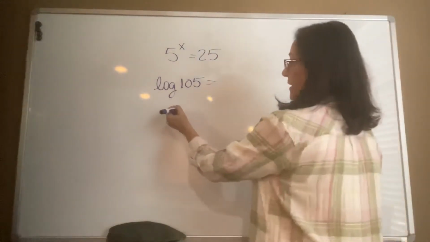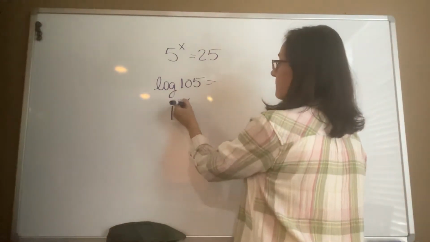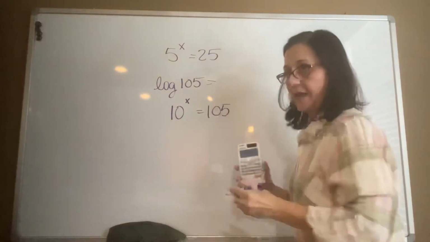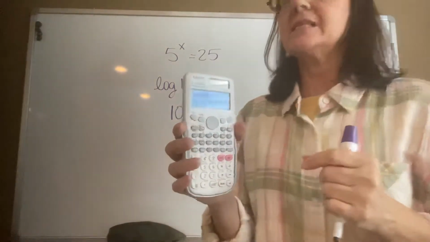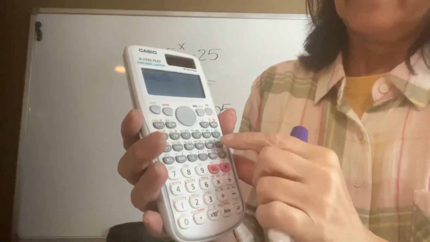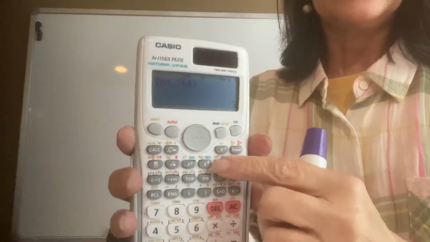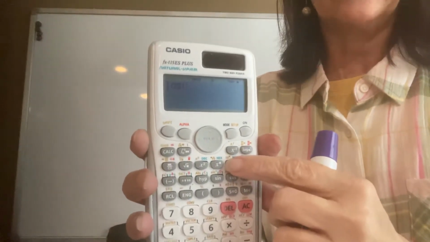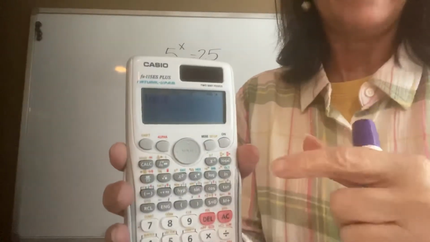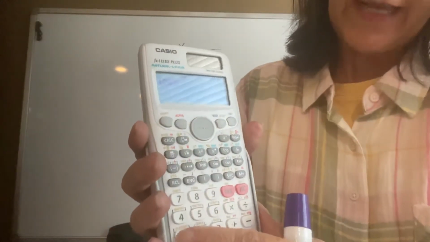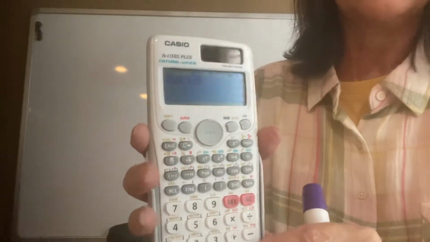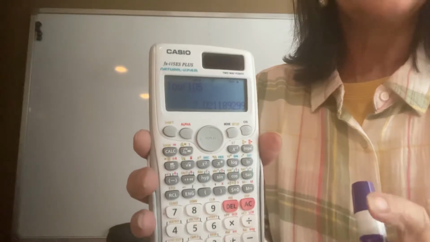This is asking me 10 to what power equals 105. Because my base is 10, I use the log button, and I just hit log, and then I input. I don't need to put 10 in as my base. I just put my anti-log in of 105, and I hit enter, and it will give me what the exponent is.